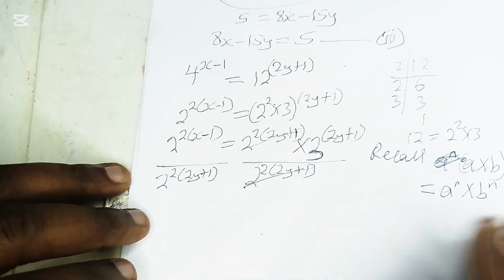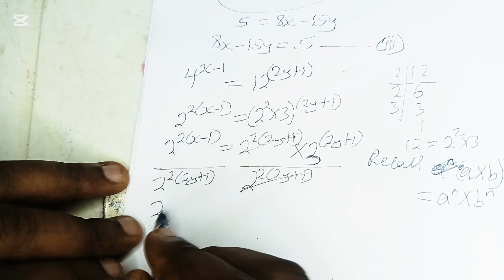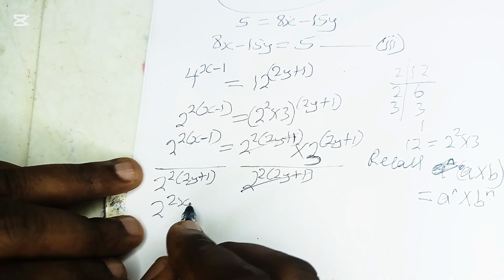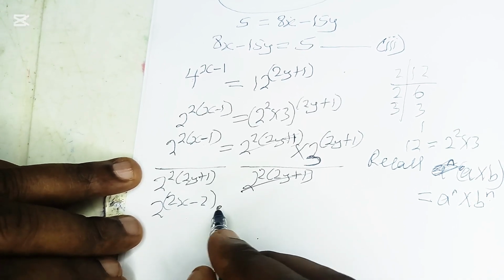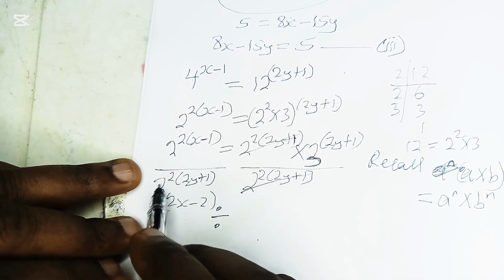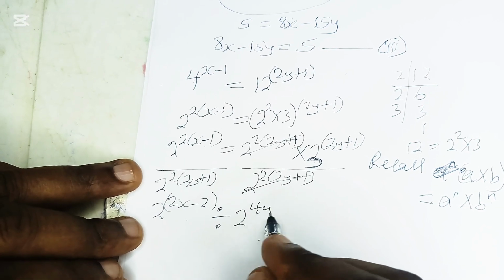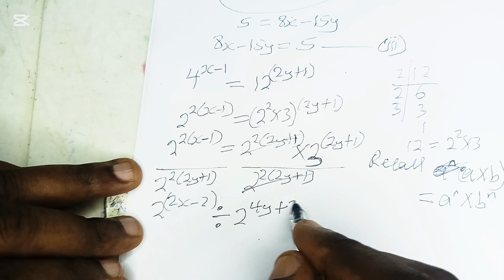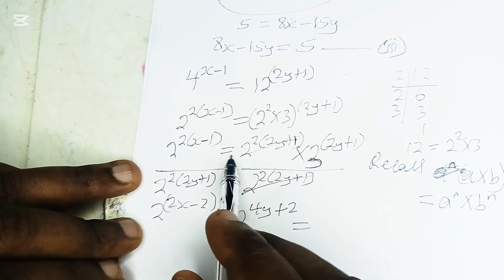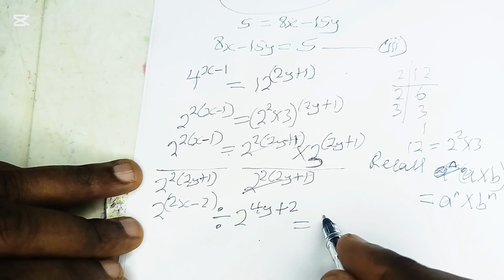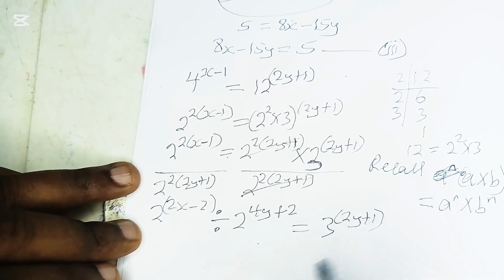So the next thing we have here is 2 raised to the power of, let's open this bracket, 2 into x minus 1, that is 2x minus 2, divided by this, 2 into 2y plus 1, that is 4y plus 2, is equal to this, 3 raised to the power of 2y plus 1.